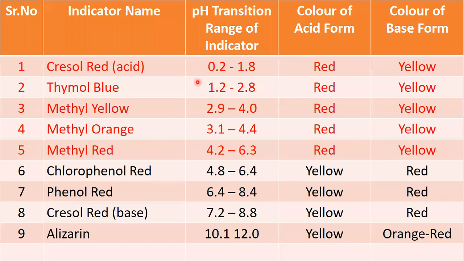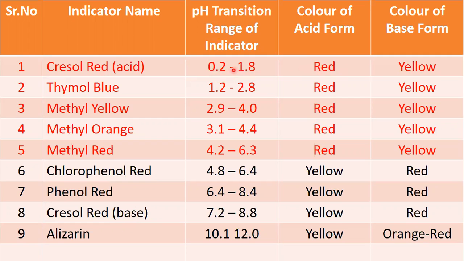So these are the different pH transition ranges. Now what is the meaning of this? Let us consider cresol red acid. This is the acidic component of cresol red, and here is cresol red in its basic form. The pH transition range of the indicator is 0.2 to 1.8. When the pH of the solution comes around 0.2, the red form of the indicator gets converted into the yellow form.